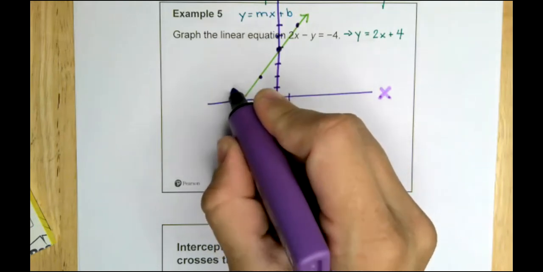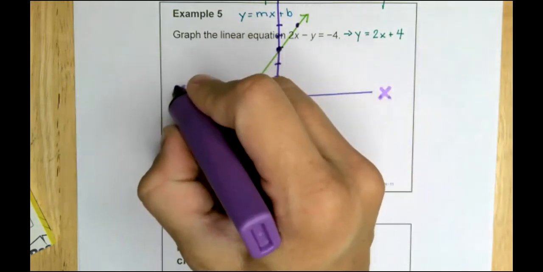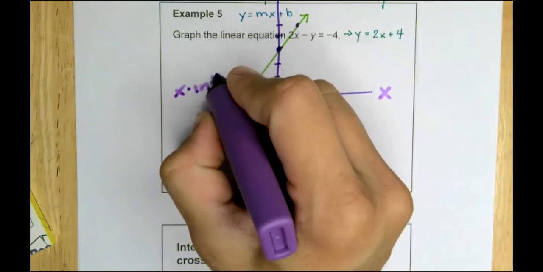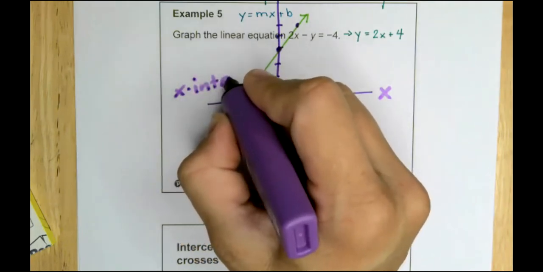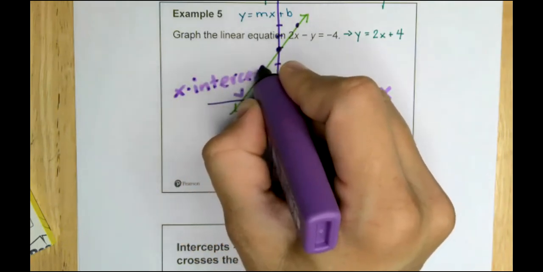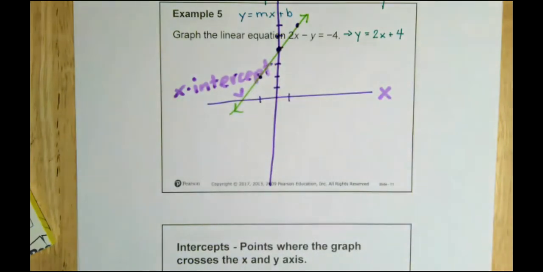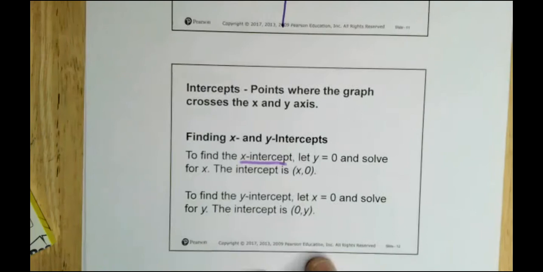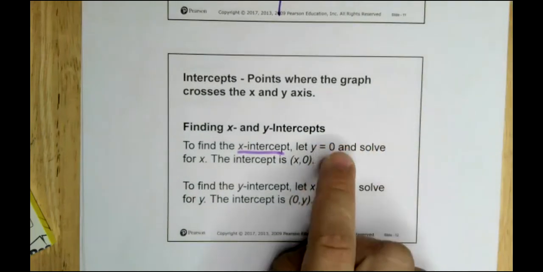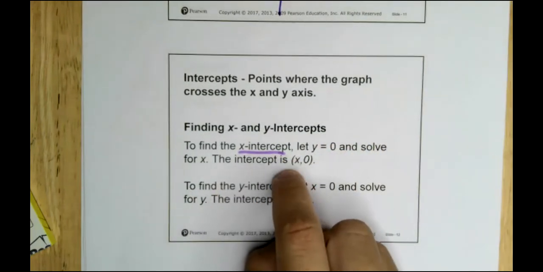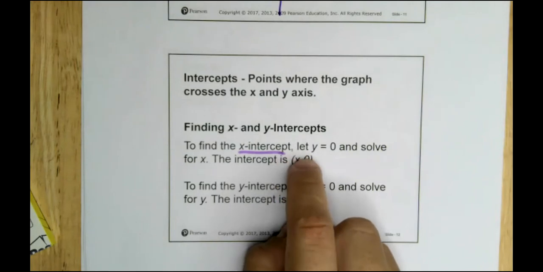So here is the x-intercept of that line, because that's where it crosses x. Y is equal to 0, solve for x. The intercept will be whatever number you got for x, and then y will be 0.